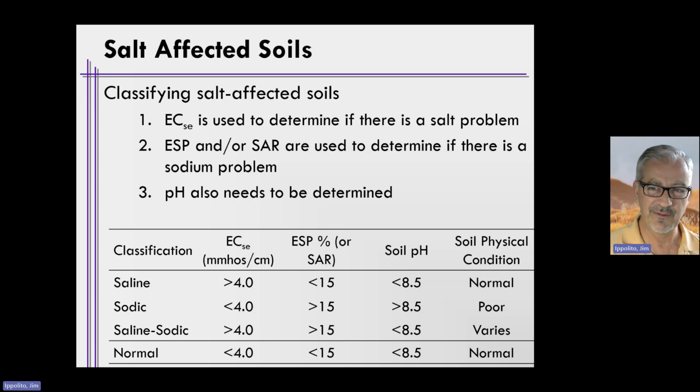And sometimes it looks wet, and it may look dark, right? I have some pictures to share with you that explain this a little bit better. So what I want to do is within the next several videos to describe saline soils, sodic soils, and saline sodic soils.